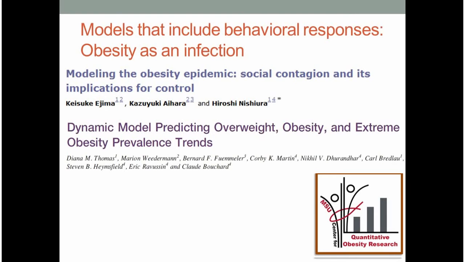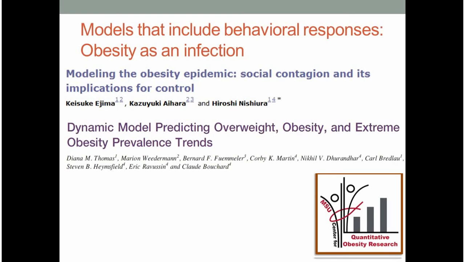I have listed here two different papers where they consider obesity as an infection and then model the prevalence of obesity. One is by Kazuki, I'm sorry if I butchered your name, who is here right now as a participant in our group.